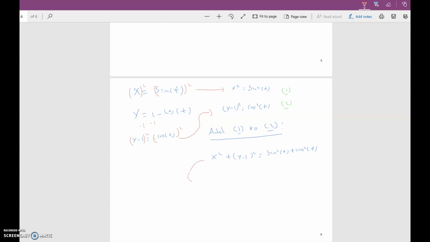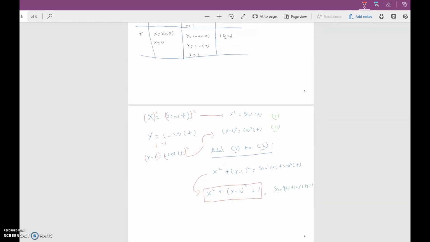So our main solution as the rectangular equation is x squared plus y minus 1 squared is equal to 1. And this is because sine squared of t plus cosine squared of t is equal to 1. So this is our main solution as the rectangular equation.